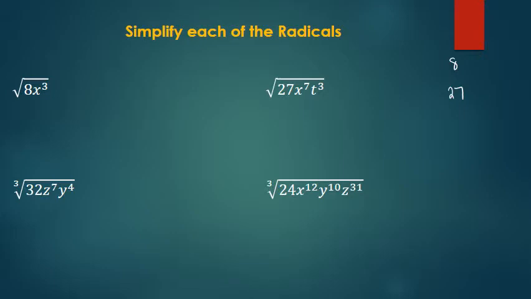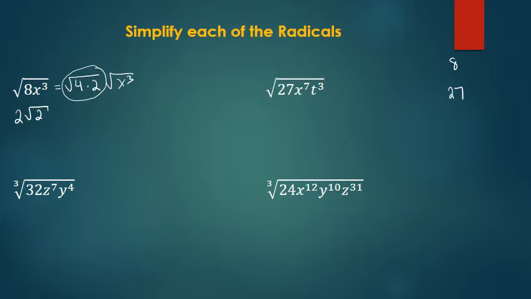Okay, so starting with the first one, it's the square root of 8x to the third. Does 8 have one of the numbers in my square list? Yes, 4 goes into 8. So I get the square root of 4 times 2, and then the square root of x to the 3. So this part simplifies out to 2 root 2.